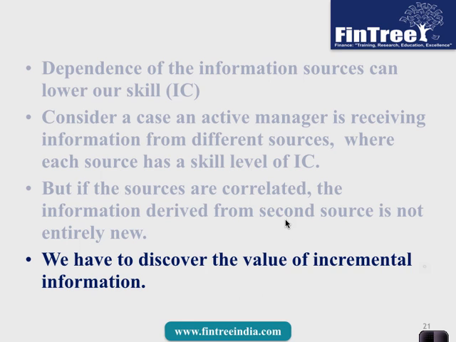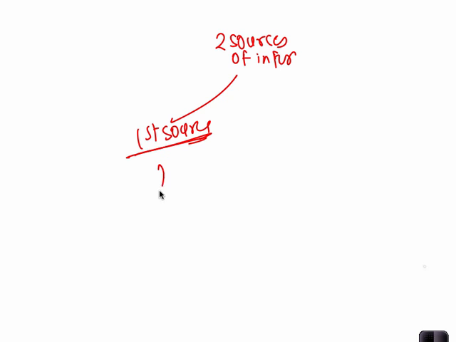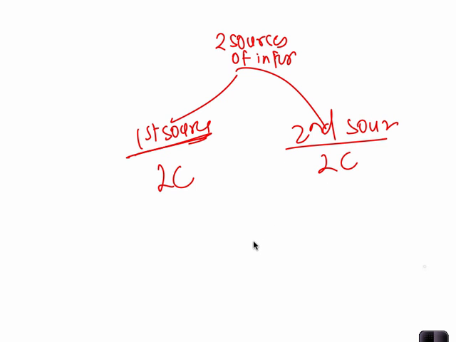Now think of it this way, that we have 2 sources of information. Using the first source gives us some advantage, so we have an IC there. Using the second source also gives us some advantage, so we have an IC here.